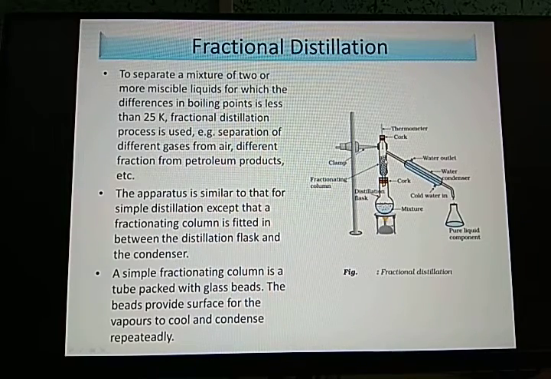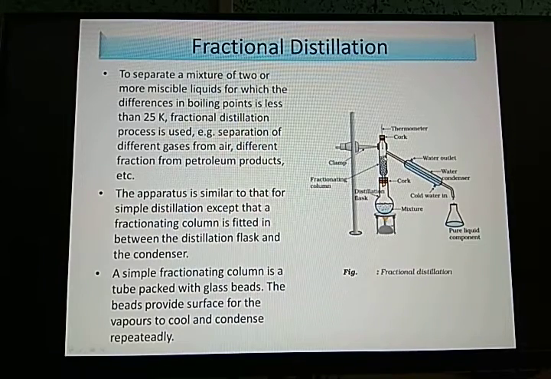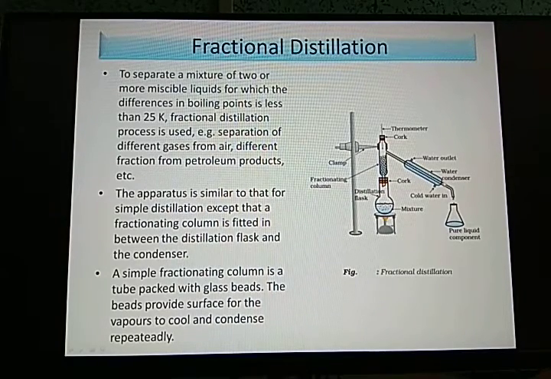As it passes through the glass beads, the temperature gets reduced, and as soon as it reaches the upper portion of the fractionating column, the temperature of the vapor reduces to a much lower level. Then it will pass through the tube, and the water condenser will condense those vapors back to liquid.